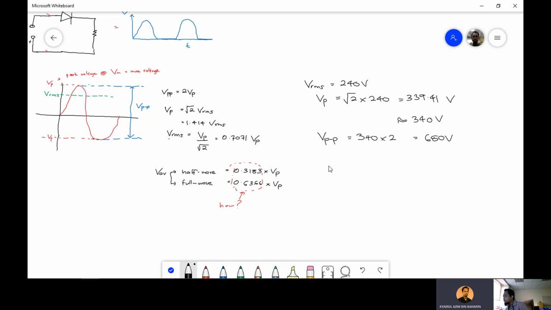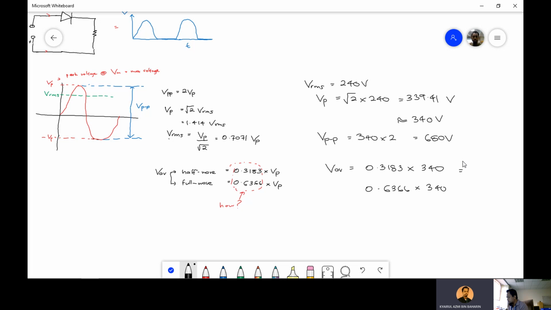And then for V average, it's going to depend on whether the circuit is full wave or half wave. If it is half wave, then it's going to be 0.3183 multiplied by 340. Or if it's full wave, it's going to be 0.6366 multiplied by 340.